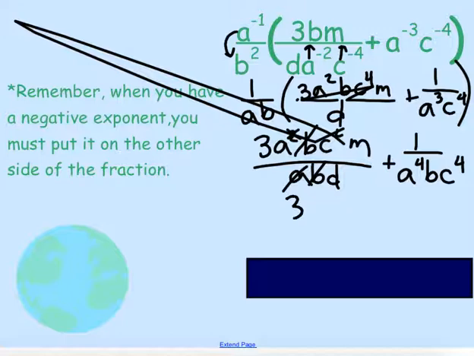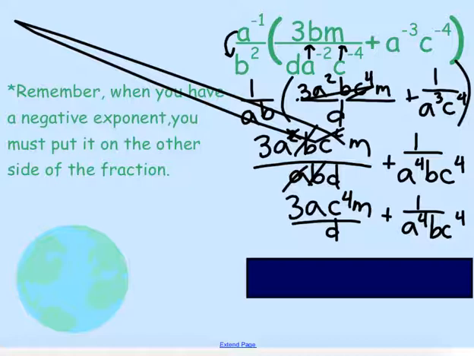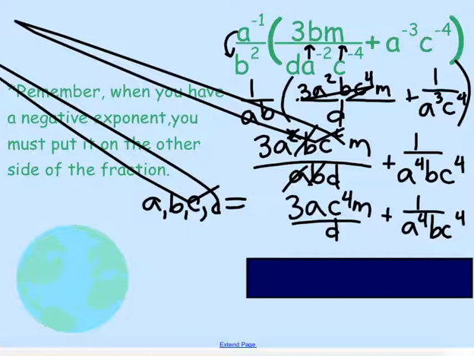So I get 3a c to the fourth m over d plus 1 over a to the fourth b c to the fourth. Now I'm going to have a bunch of different exclusions here. We're going to say that we have restrictions on a, b, c, and d cannot be 0. Because those are all in my denominator that cannot be 0.